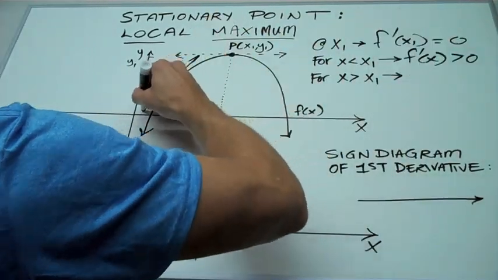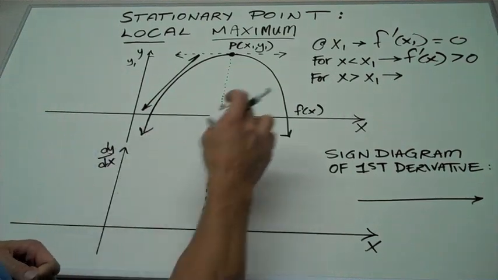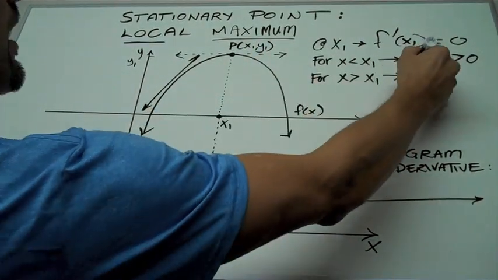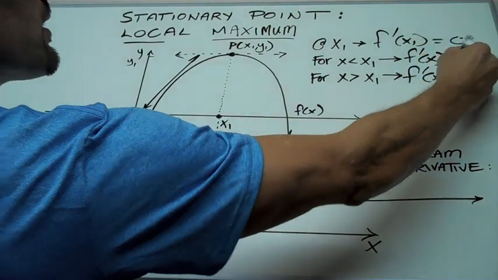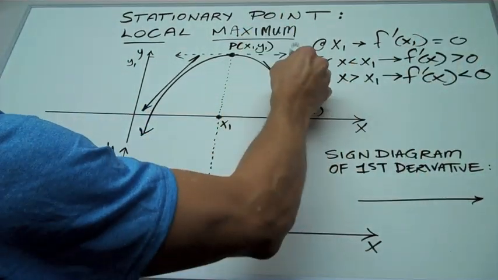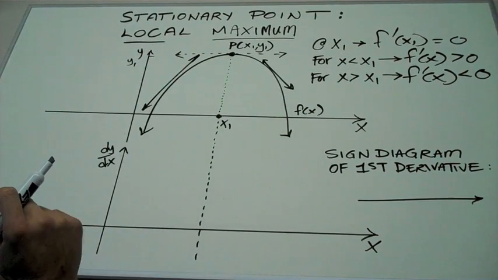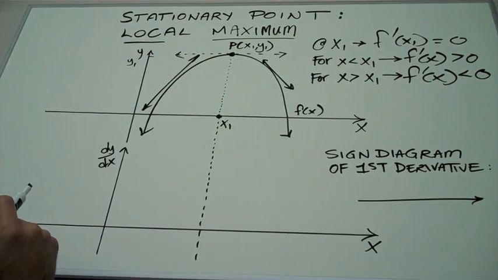Our tangent lines are going to have positive slopes. For x greater than x1, in this region here, our derivative, f dash of x, is going to be negative. We're going to have lines that slope down like this that meet our curve at just one point. Our tangents will have negative slopes.